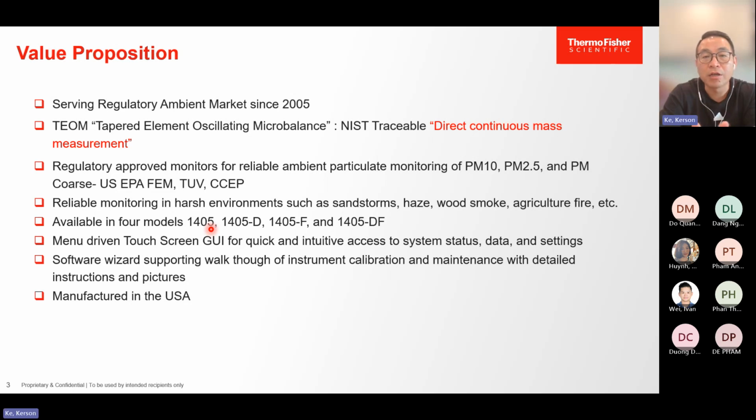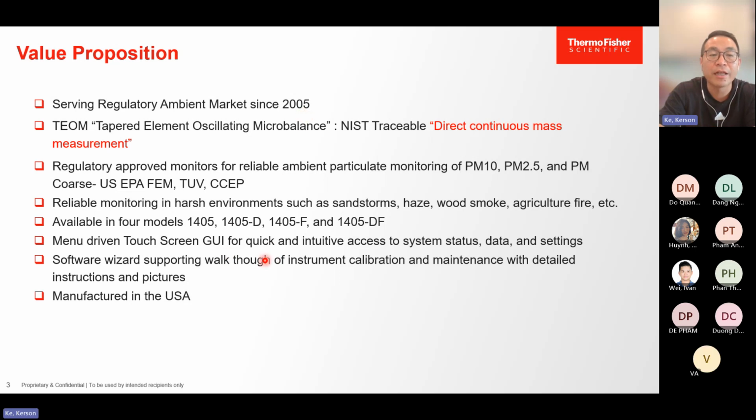Okay, and this model we designed since 2005, and at that time, the panel is designed with touch screen, and the software is supported with ePro, which is our standard software.